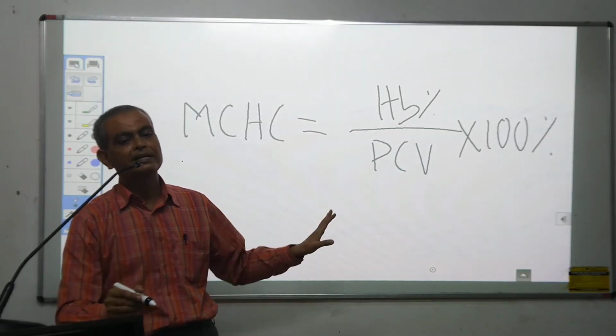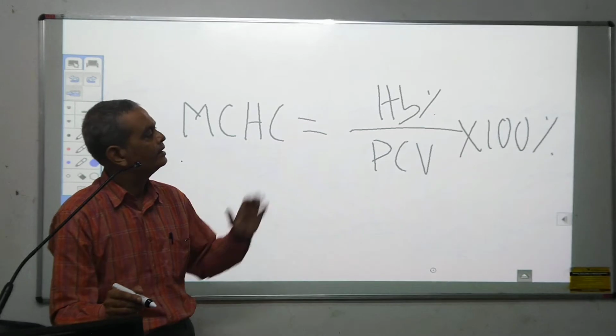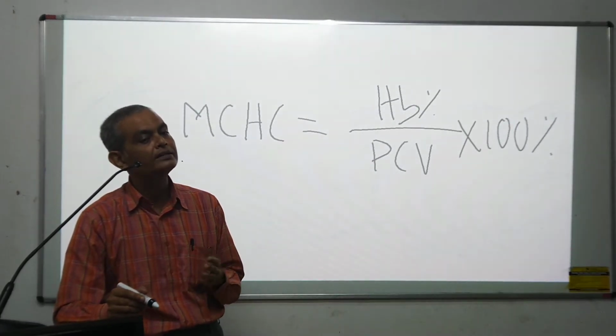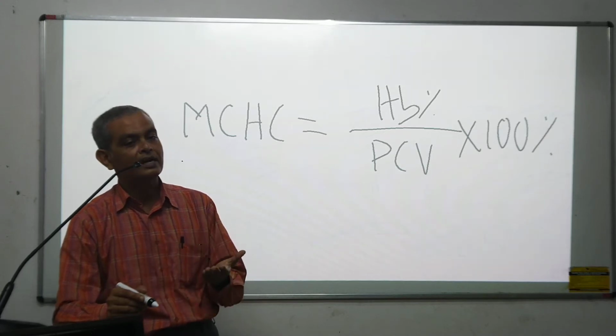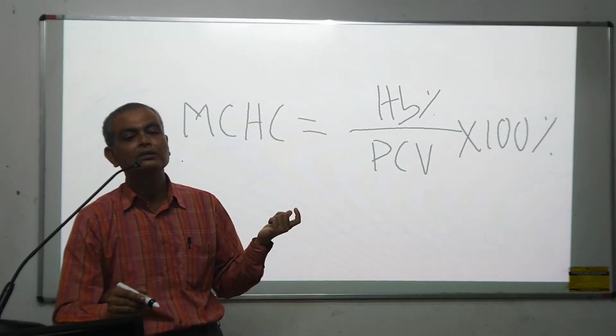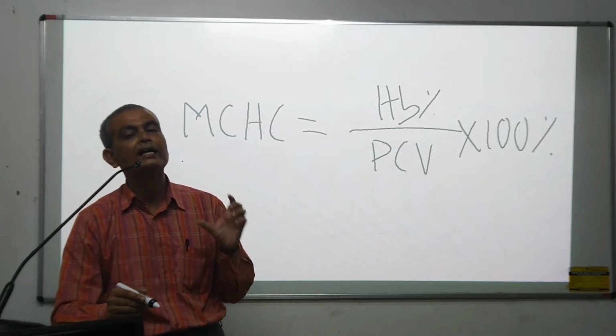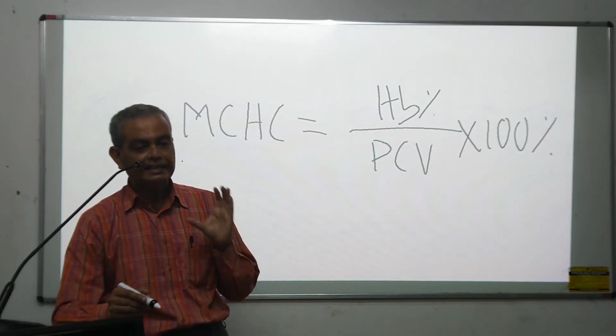It is calculated by hemoglobin percent, that is 15, over PCV, that is approximately 45, into 100, so it will come around about 33%. So that is the MCHC. These three are known as the RBC indices.